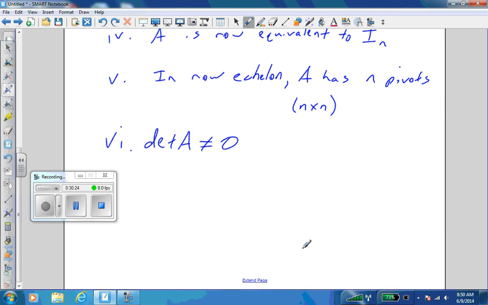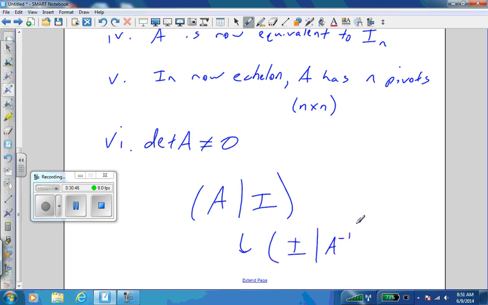So you're pretty much going to be row reducing matrices with the identity matrix, trying to come up with the inverse of A. So if we take that, row reduce it so we have the identity on the left, and what we have on the right is the inverse of A. If we can't get the identity on the left because of one of these things, basically if we come up with a 0 row, then A is not invertible.